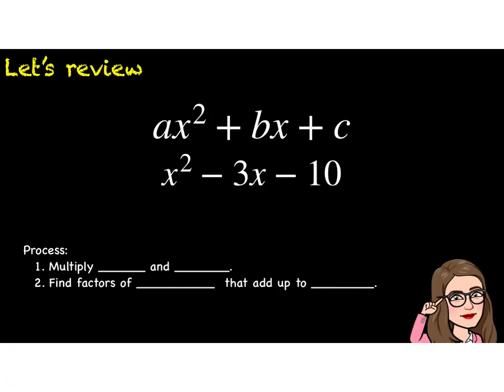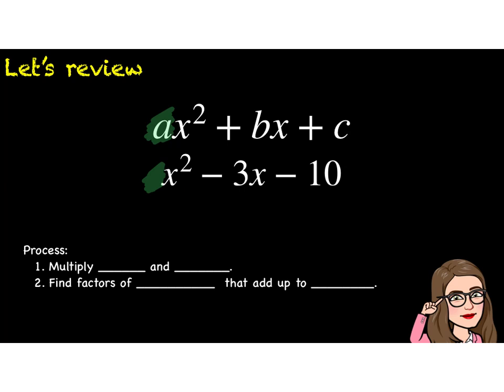In our review, let's remember that this formula, ax to the second power plus bx plus c, is our standard quadratic notation. Why do we always want to put it this way, or most of the time? Because here we have the x to the second power first, then a regular x or x to the first power, and then just a number. Let's not forget that a represents the number in front of the x squared.